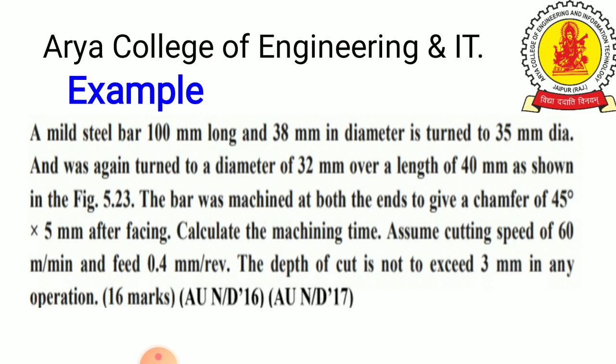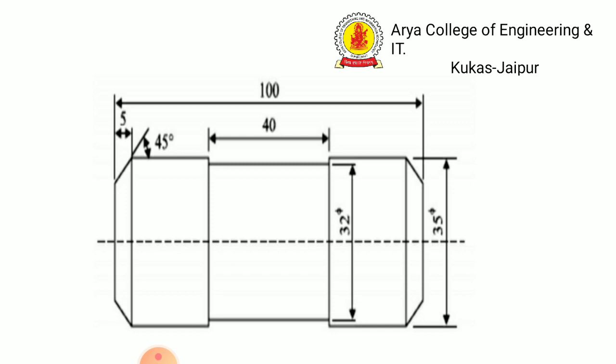Now we take an example for calculating the estimation of time for lathe operations. A mild steel bar 100 mm long and 38 mm diameter is turned to 35 mm diameter and was again turned to a diameter of 32 mm over a length of 40 mm, as shown in the figure. This is the example of turning on the lathe machine, and the dimensions are given.